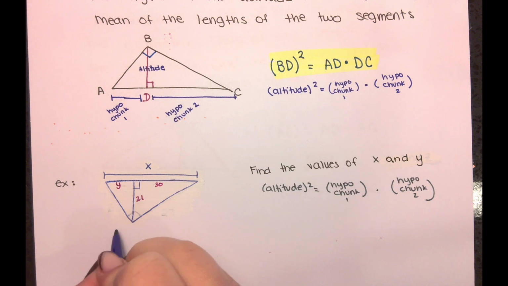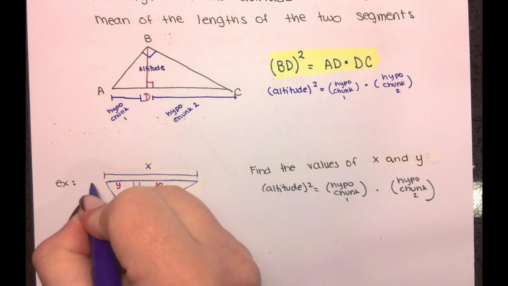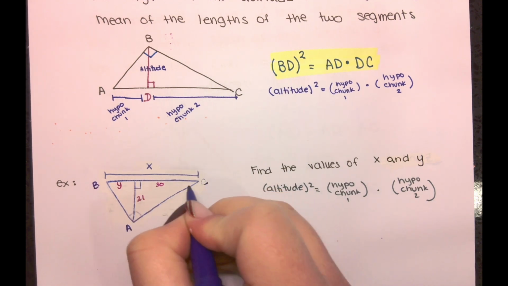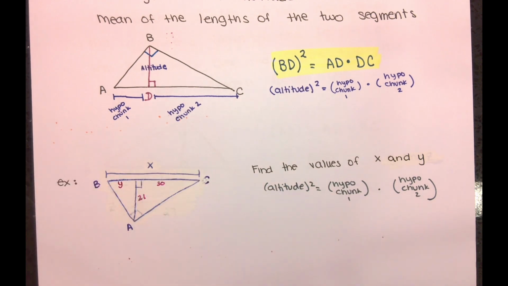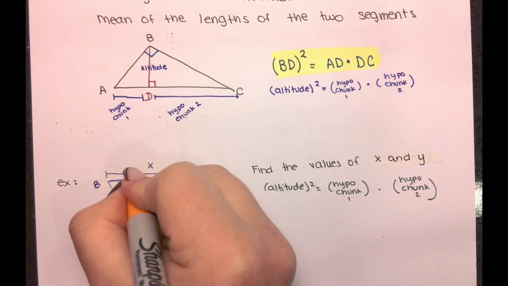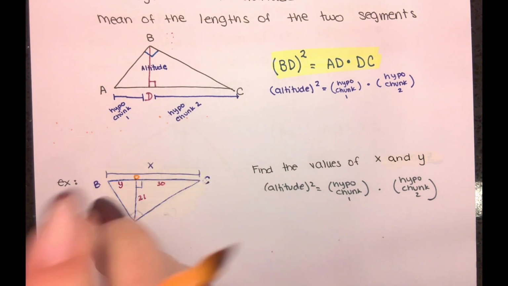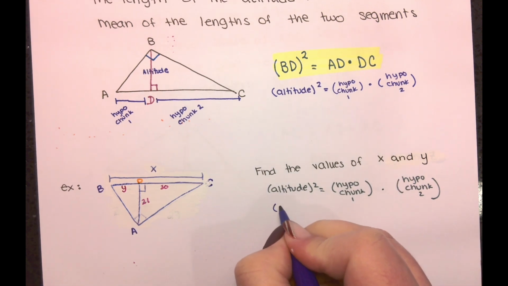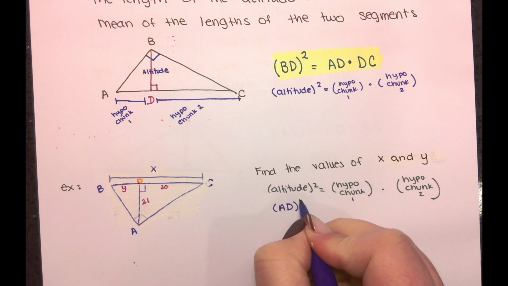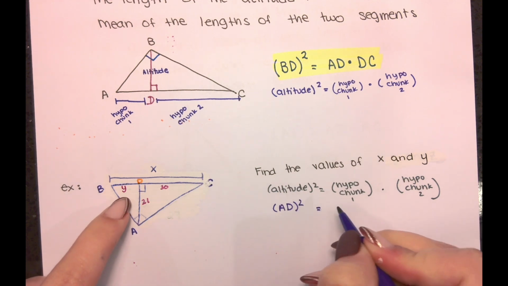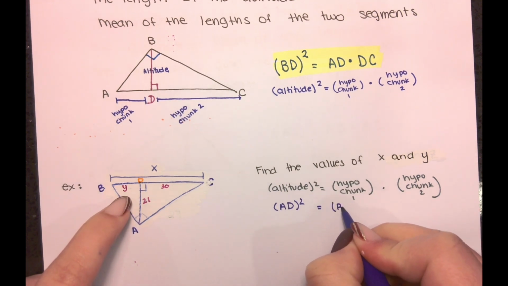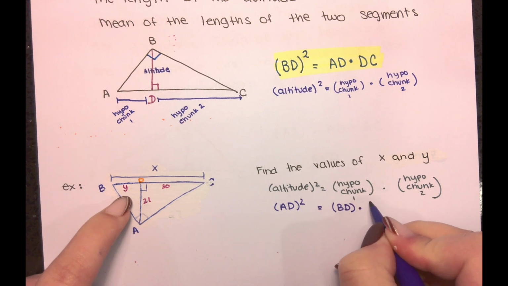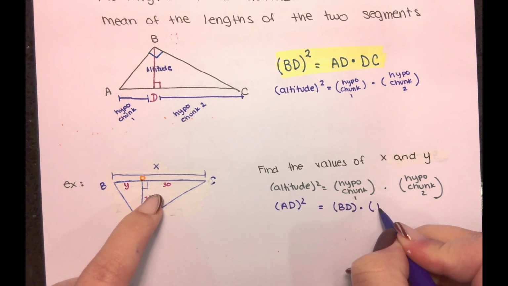Let's call this A, B, C, and I have to switch to Sharpie here, D. The altitude is AD. The first little chunk is BD times the larger chunk, which is DC.